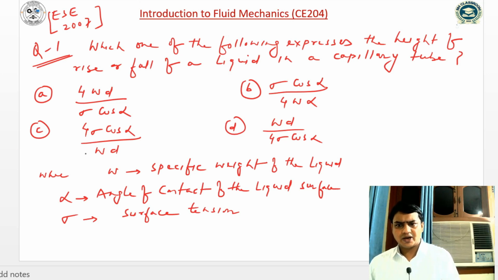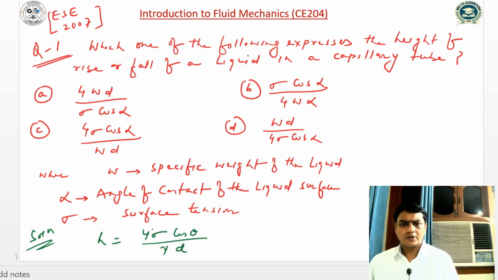Right now I have derived the expression of capillary height, that is rise or fall: H is equal to 4 sigma cos theta divided by gamma into D. Here sigma is the surface tension, alpha is the contact angle, and gamma W is the specific weight. So option C is correct.